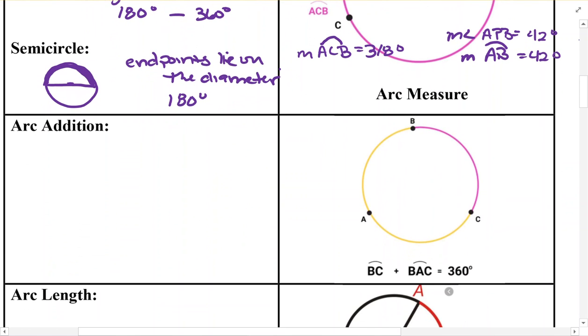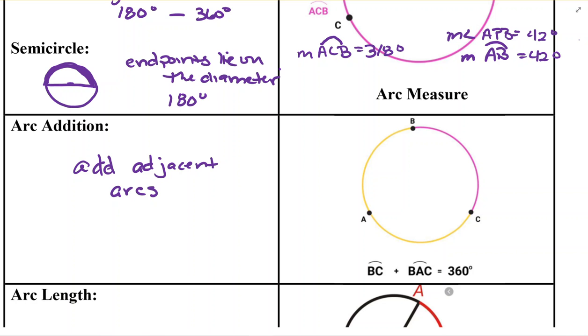Arc addition means that you can add adjacent arcs. And when you add the adjacent arcs, the new arc would be the sum of the two measures.